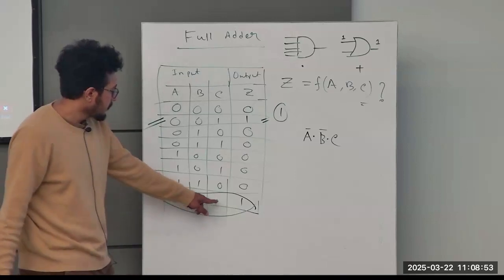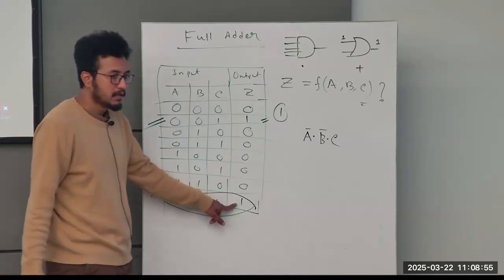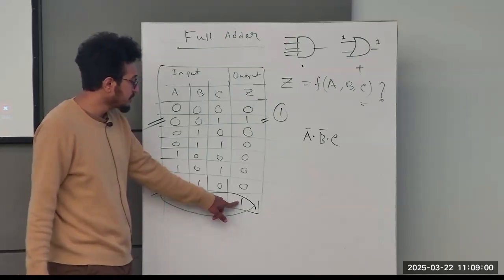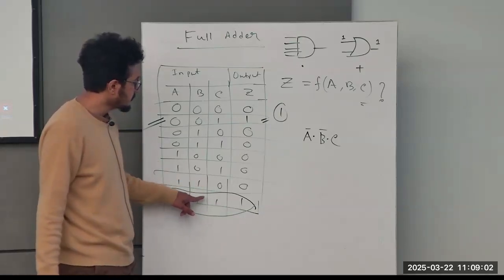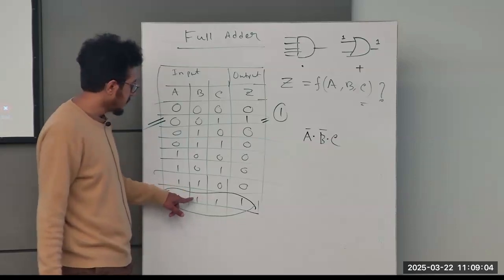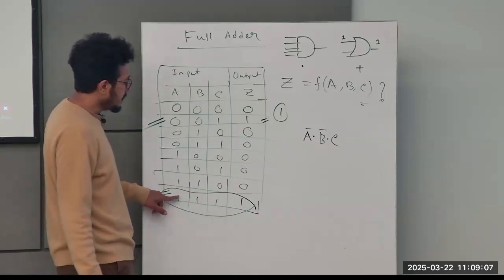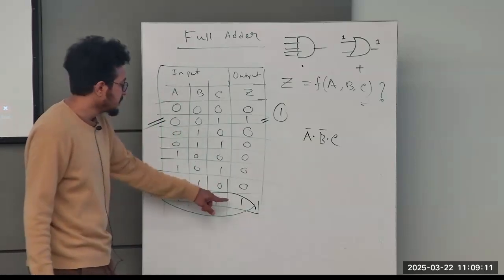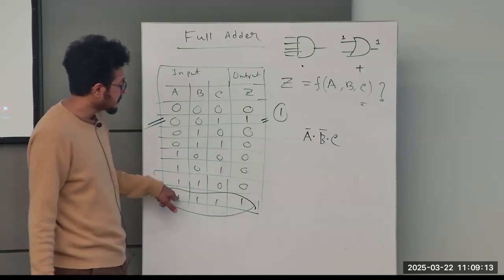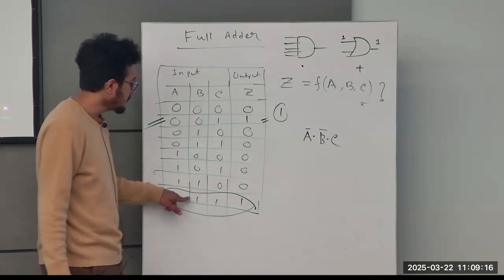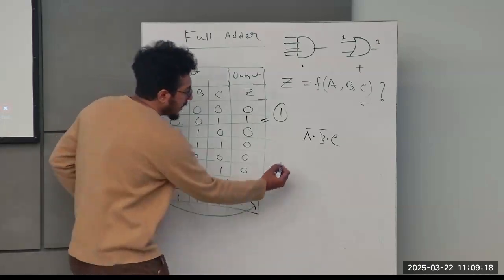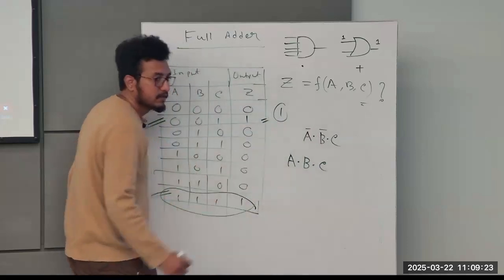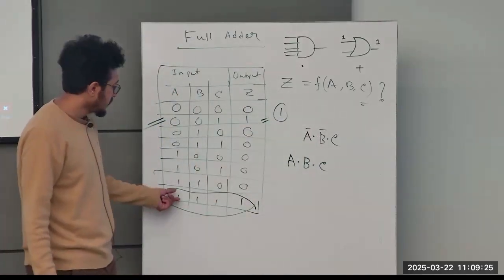The other combination of input that gives a 1. How can we write the Boolean expression that gives me 1 for this combination of ABC? So A is 1, B is 1, C is 1. We want to write a function that gives me 1 at the output for A 1, B 1, and C 1. A and B and C. Think of it.